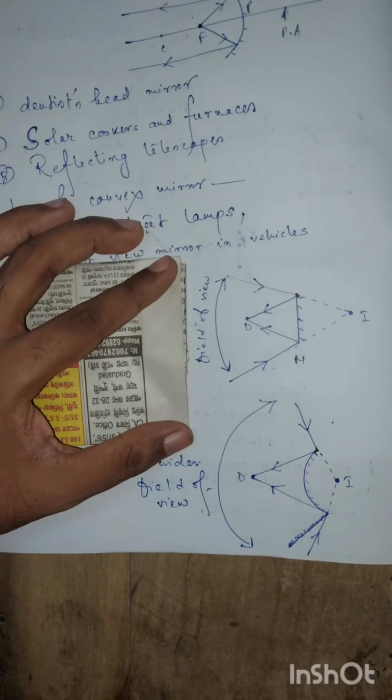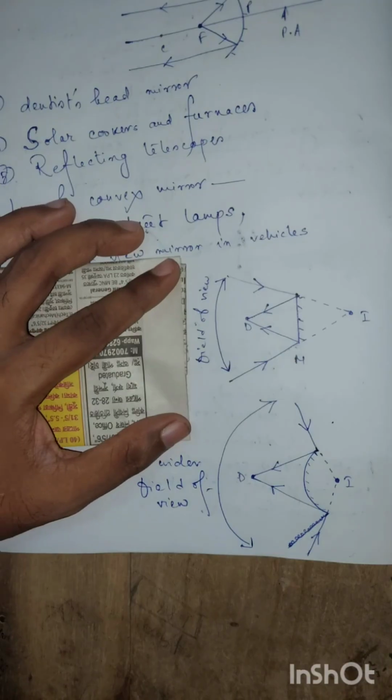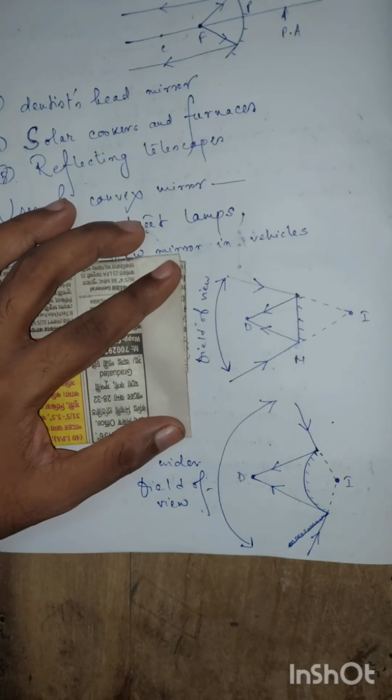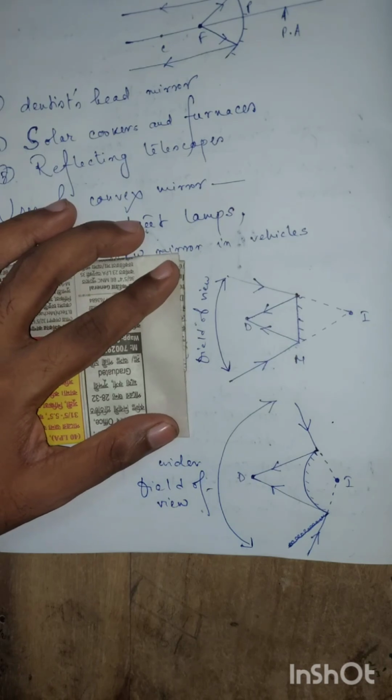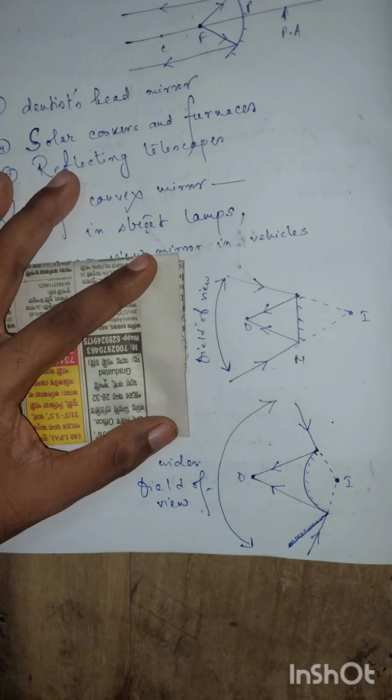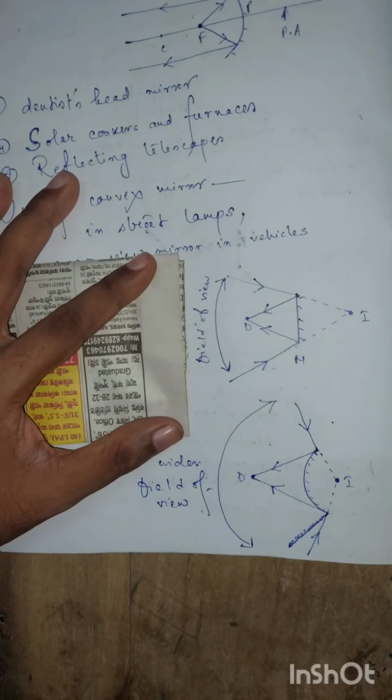So when the image is seen through the convex mirror, it appears closer.